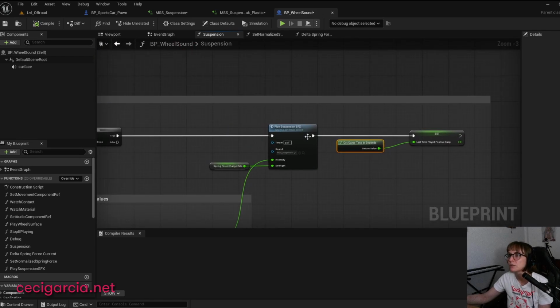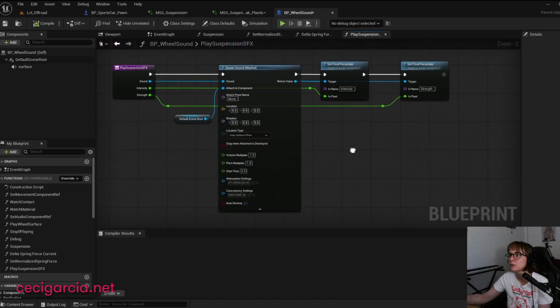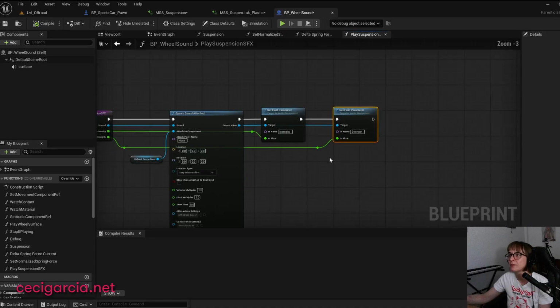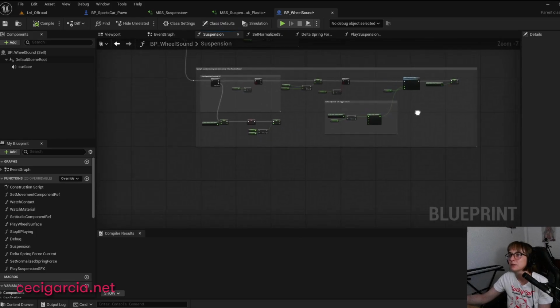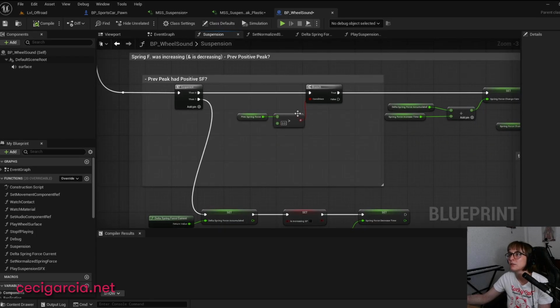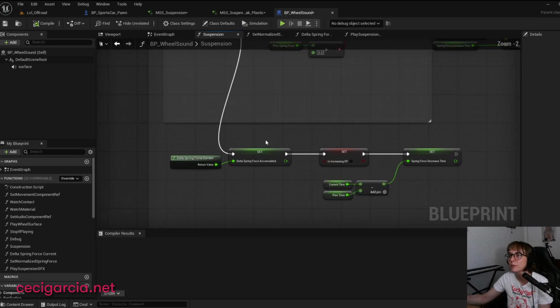And I was going to show this. It's just playing the sound attached and setting the Metasound parameters.